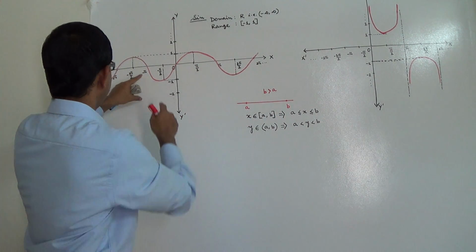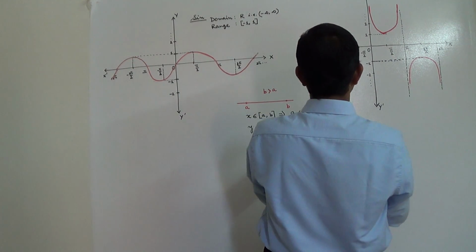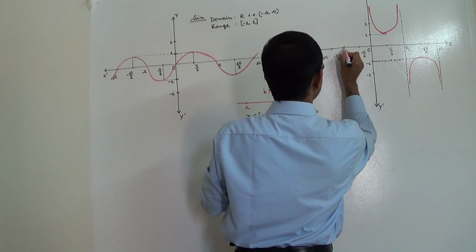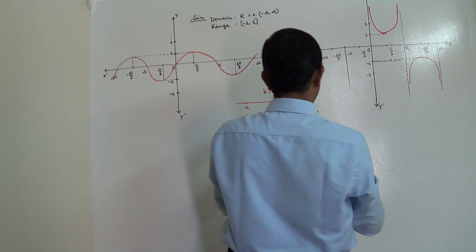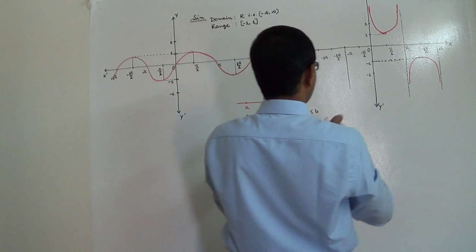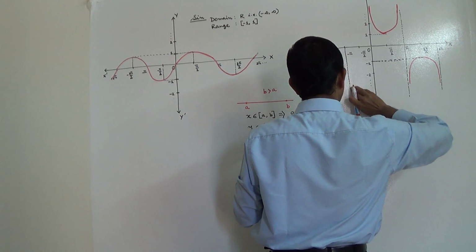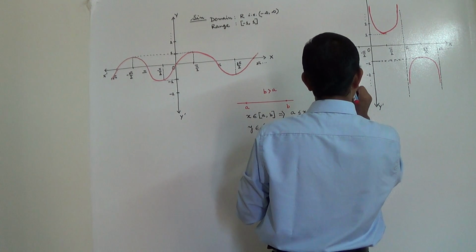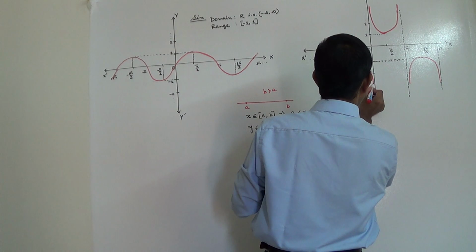Similarly, in the same fashion, between 0 to -pi, how can we draw it? If we draw this line at -pi like this, and between 0 to -pi, it will be like this.